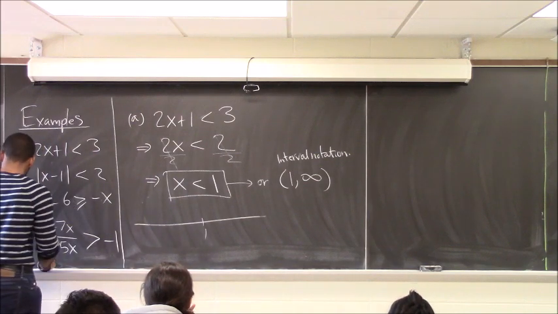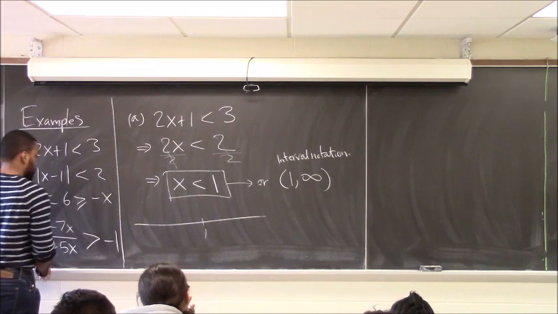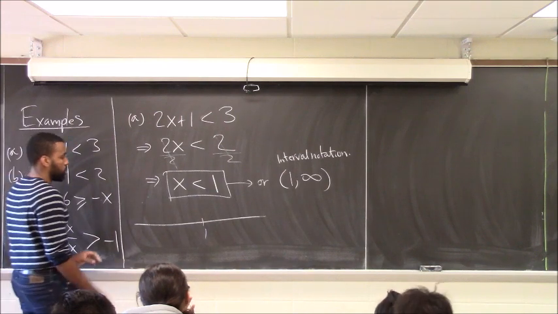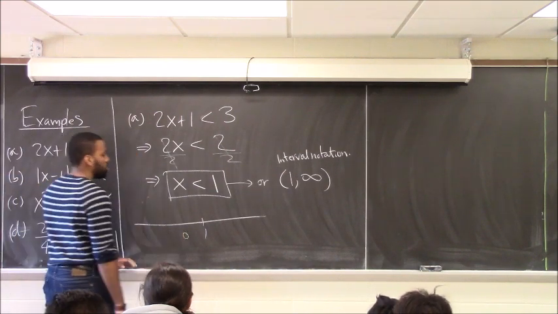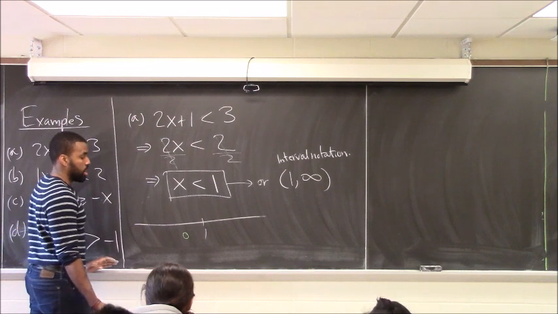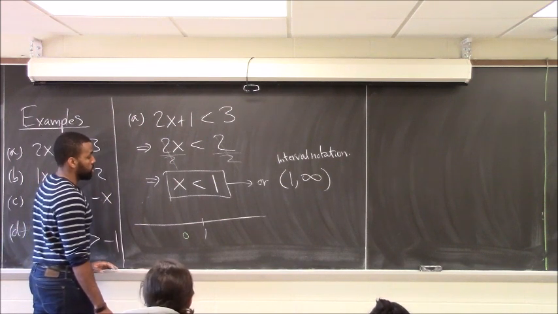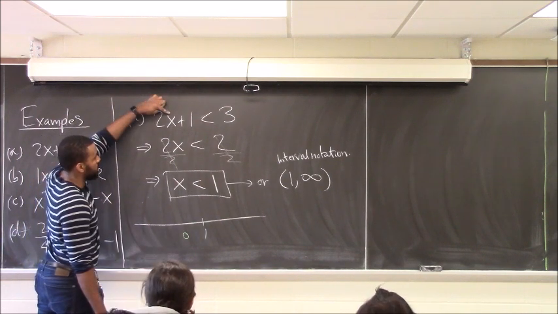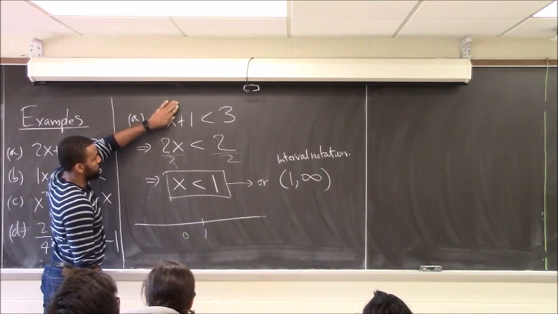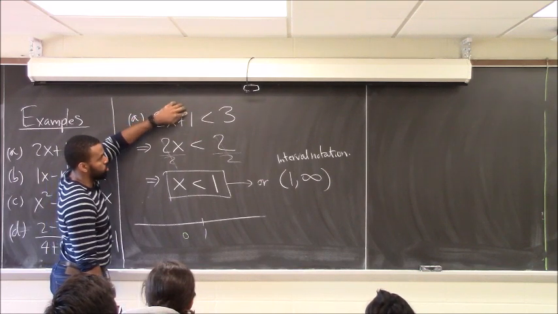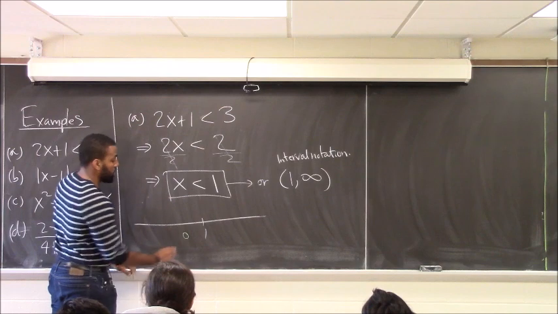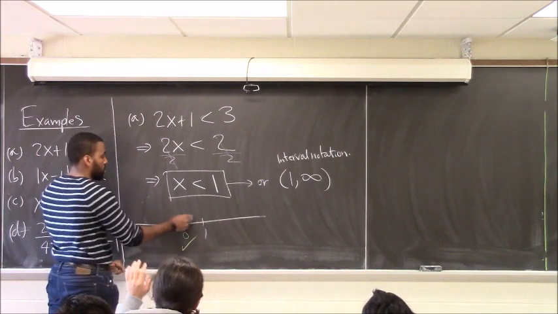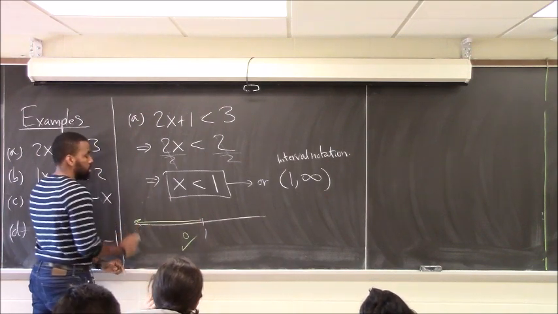Now you could check values here. So you could, for example, plug in 0, which is less than 1. Any random number will do. So notice that if you plug in 0 for x here, you get 2 times 0, which is 0, plus 1, which is 1, and 1 is less than 3, so that actually checks out. And so I know that this side will work.